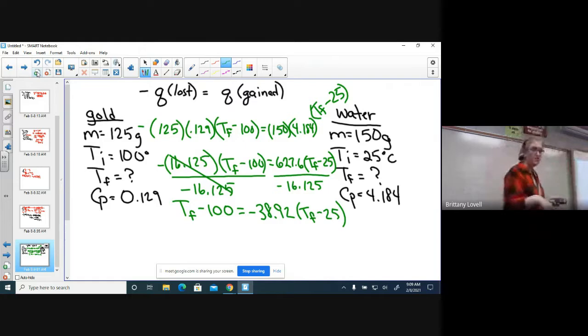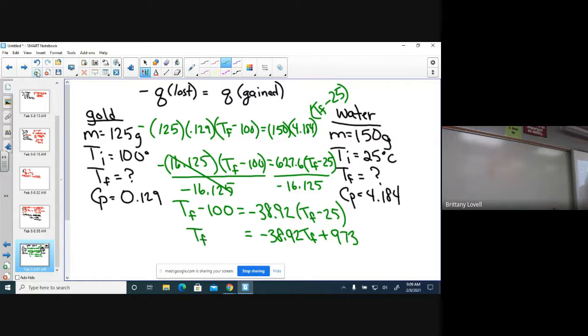So I've got negative 38.92 TF, and then I'm going to multiply negative 38.92 times negative 25, which gives me a positive 973. And I'm going to set that equal to TF minus 100.